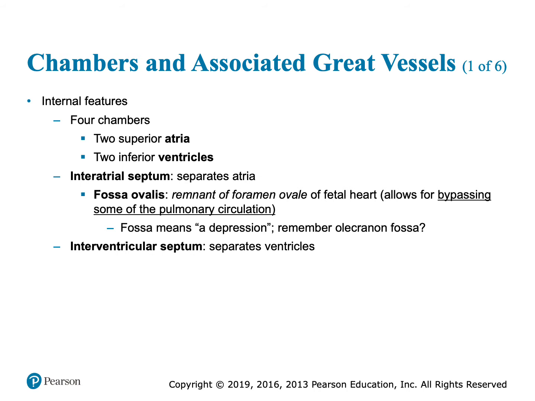So there's actually a pulmonary bypass, which is a hole in the interatrial septum. And the hole is called the foramen ovale. And then once a baby is born, it should be closed, and it's going to be called the fossa ovalis.